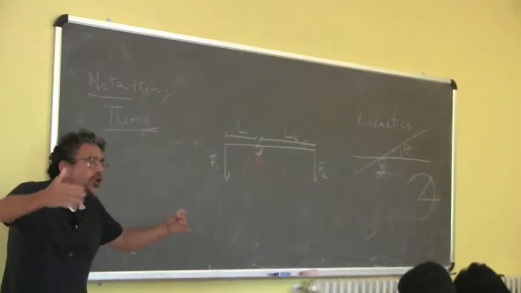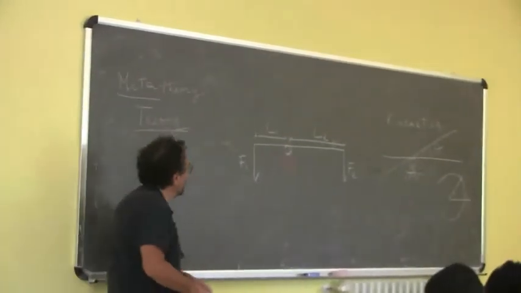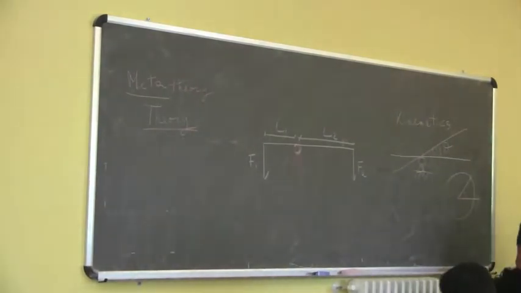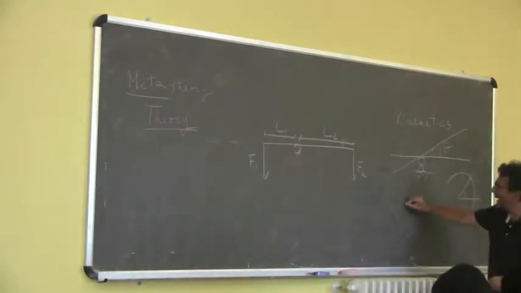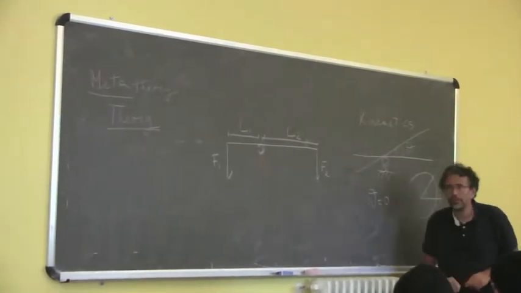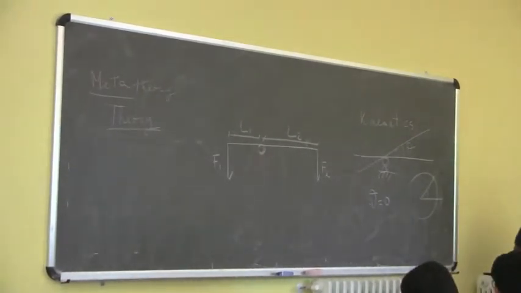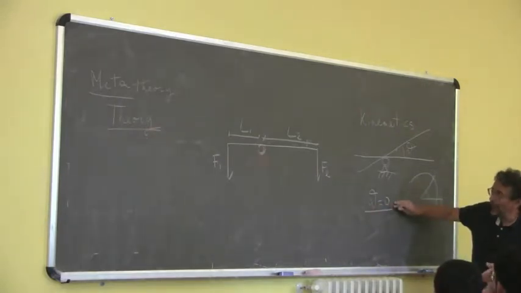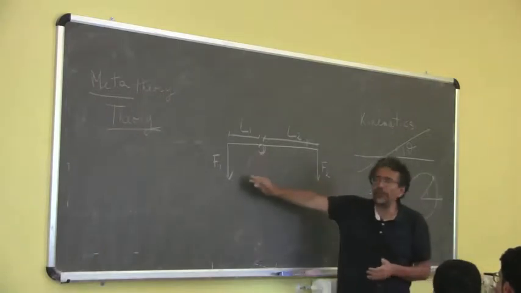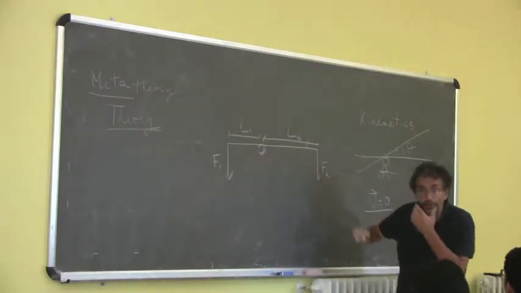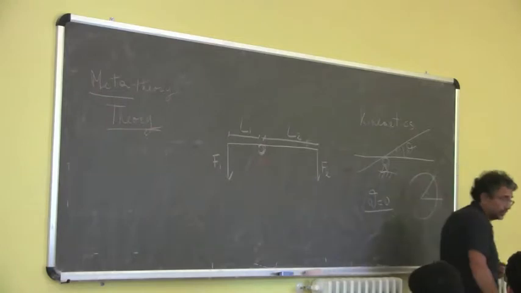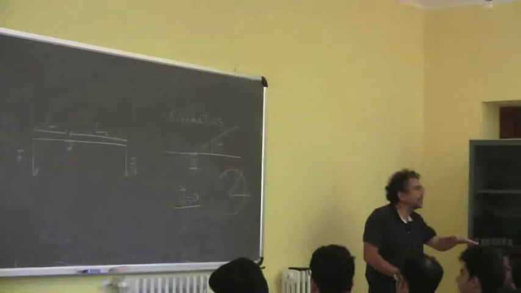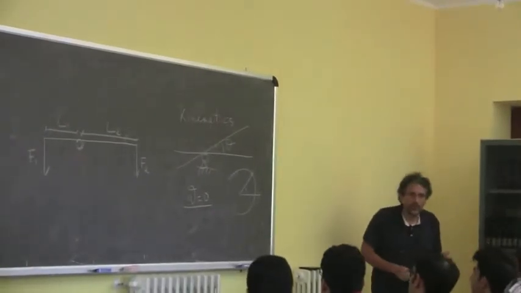So, among all possible configurations, we want the configuration theta equal 0 to be an equilibrium configuration, and we want to find the values of f1 and f2 such that theta equals 0 is an equilibrium configuration.